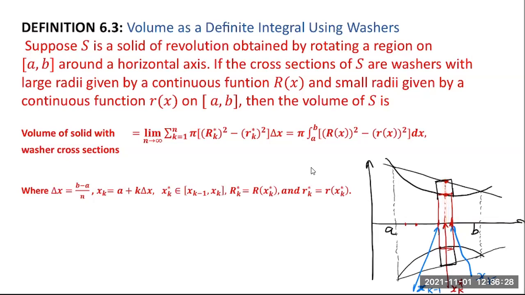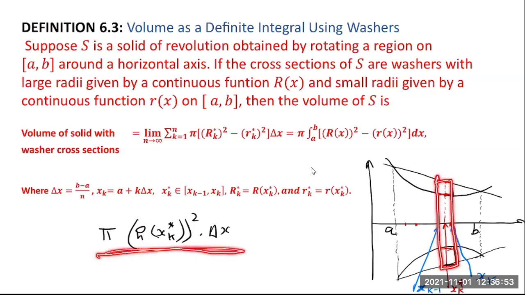So the volume of the bigger disk would be pi times R of xk star, the whole thing squared, times delta x. That's the volume of the bigger disk. Okay.